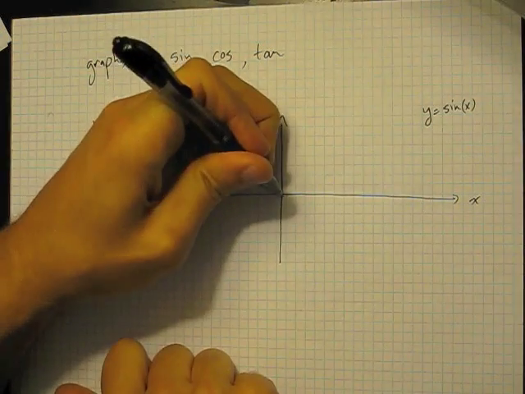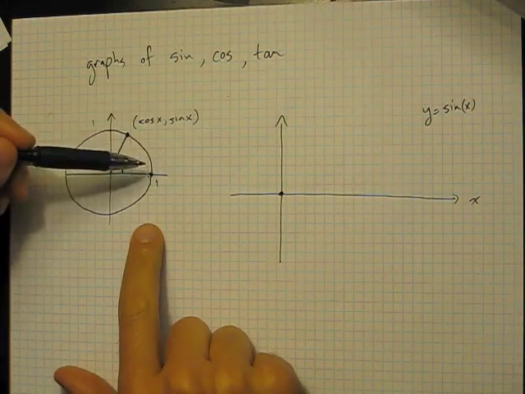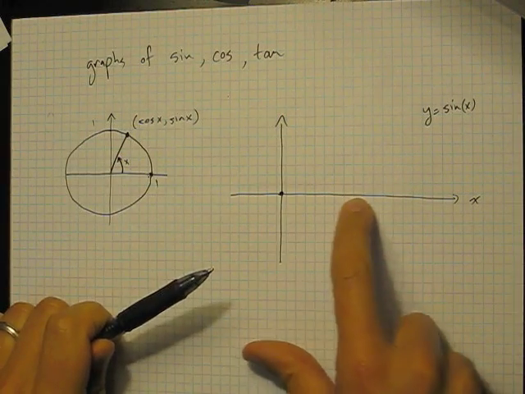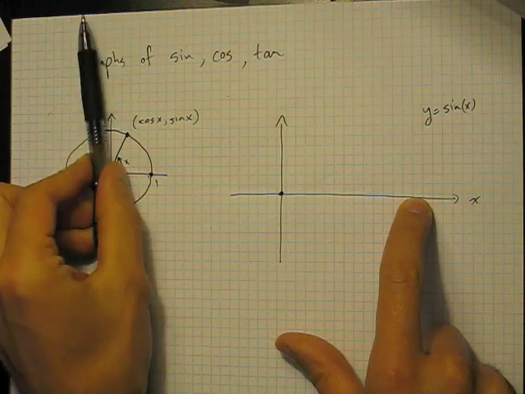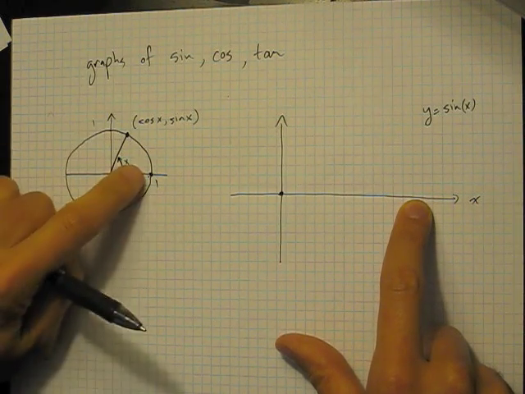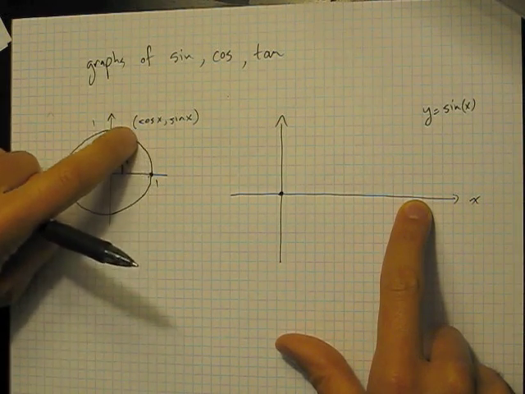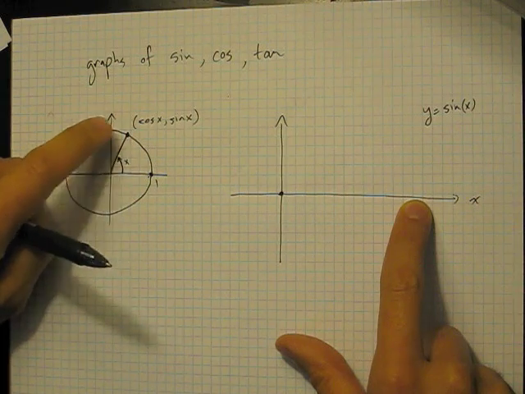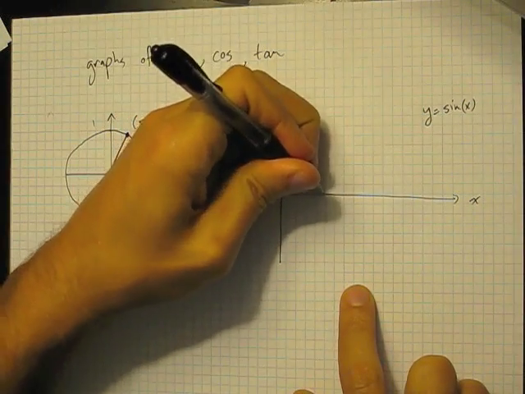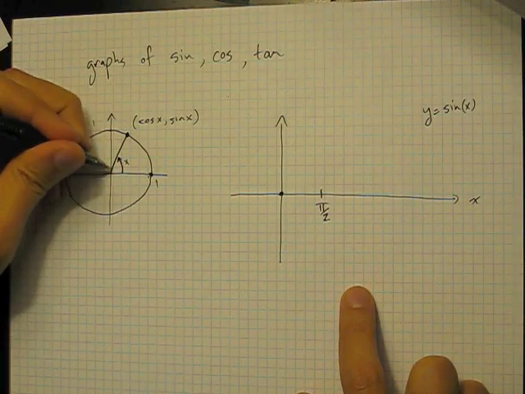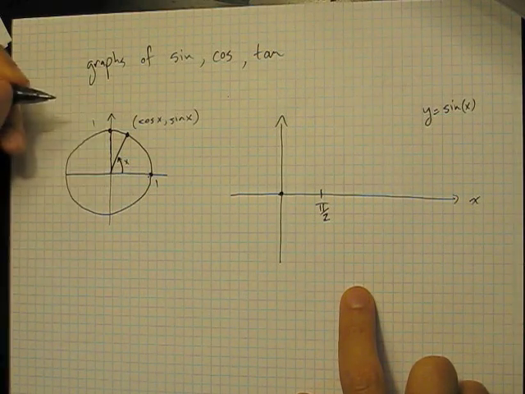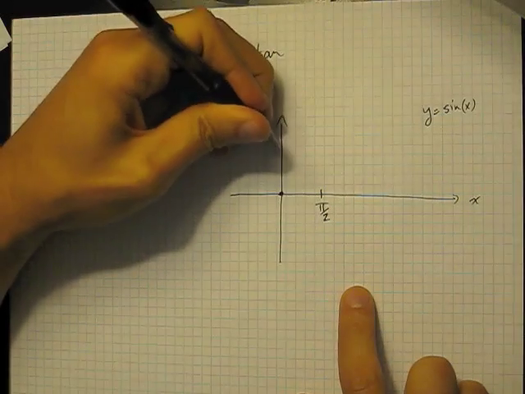So that's equal to 0. Now as the x value increases here, that corresponds to increasing that angle of inclination there. And what's happening to the y-coordinate of the point as you drag this up here? It's increasing, and it's increasing to 1. So by the time we get to, let's say, pi over 2 here, which would correspond to this point on the unit circle, we should be at 1.